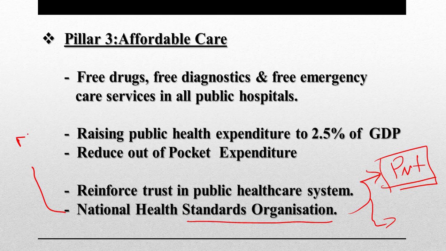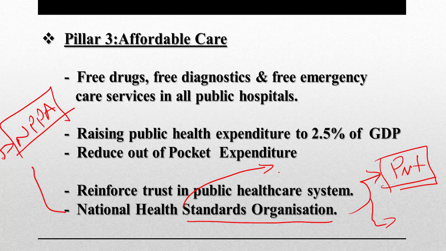Remember, at present we have the National Pharmaceutical Pricing Authority. That pricing authority is regulating the prices of only drugs. So this National Health Standards Organization would be broadly regulating the standards, the prices and the practices, the standard operating procedure, across the length and breadth of the country.